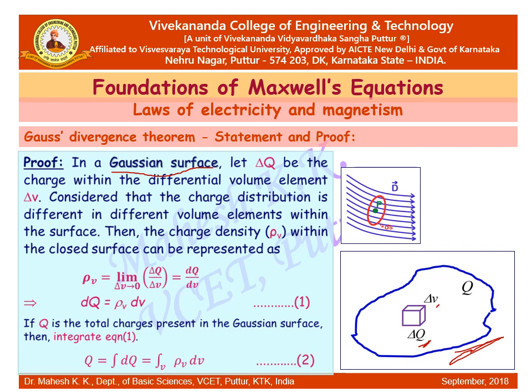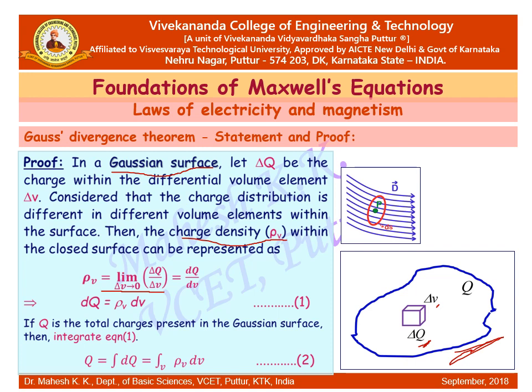Then the charge density rho v within the closed surface can be represented mathematically as the limit of delta Q over delta V as delta V tends to 0. But what is that limit?